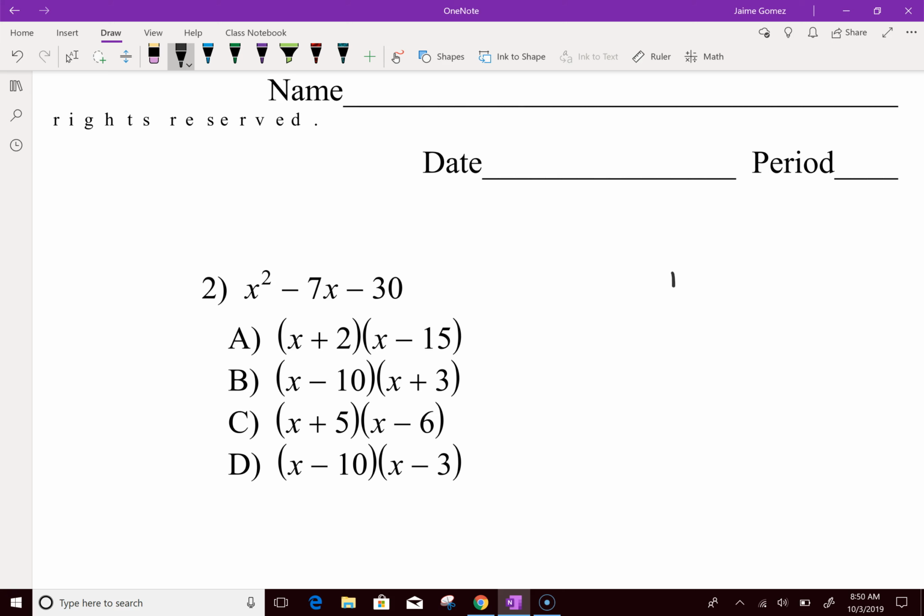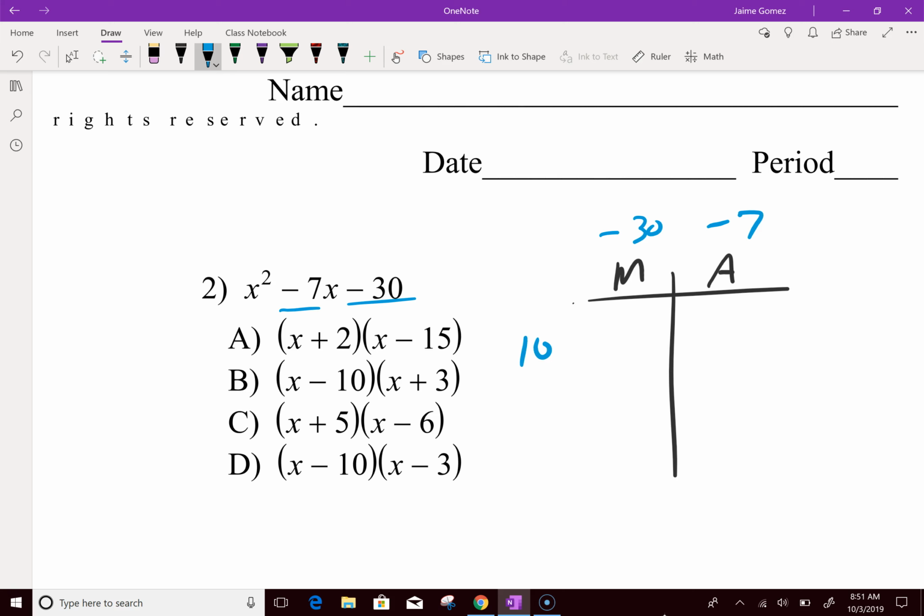So again, make my little table, multiply and add side. The multiply will be negative 30. The add will be the negative 7. So what are the numbers that multiply to give me negative 30, but add to give me negative 7?